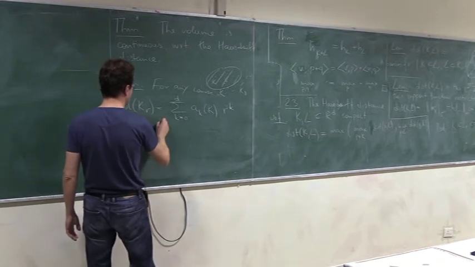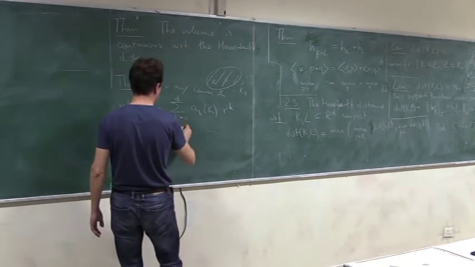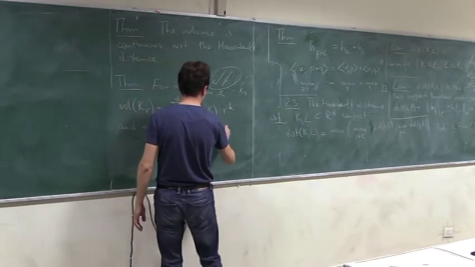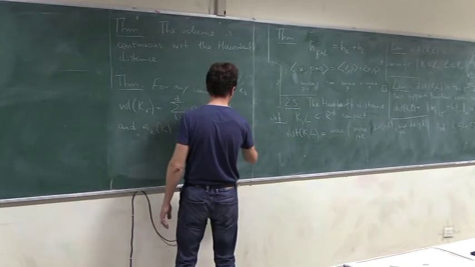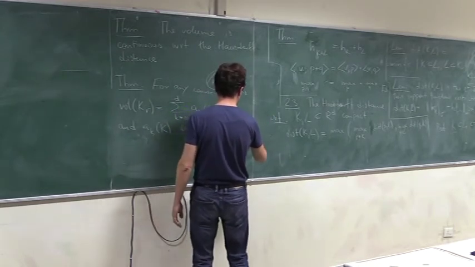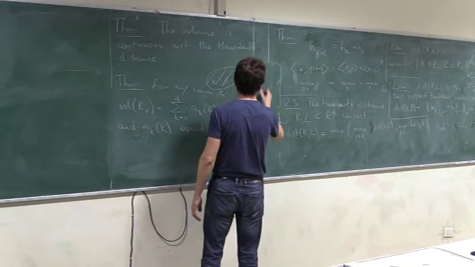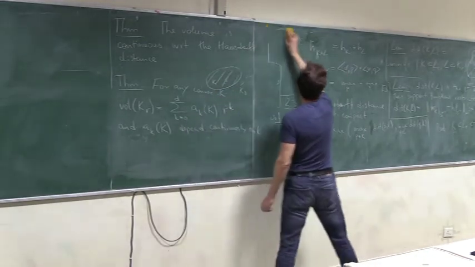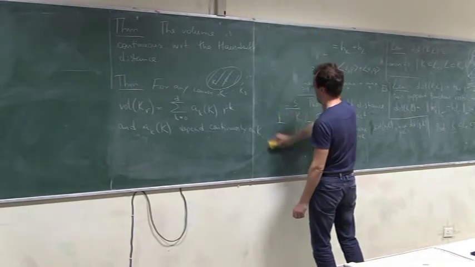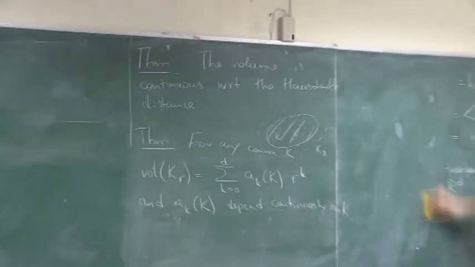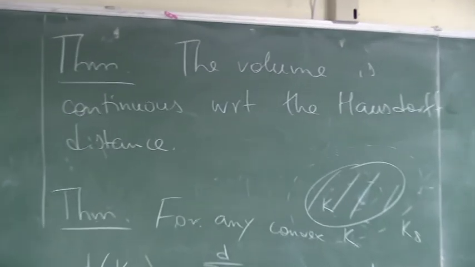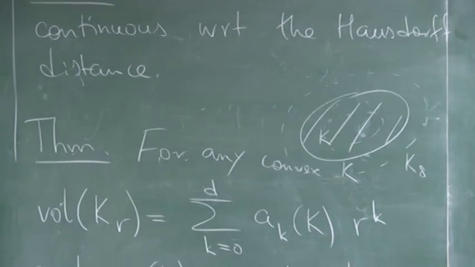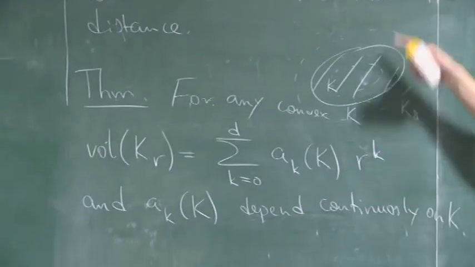So this a_k of K depends continuously, again with respect to the Hausdorff metric, on K. In fact, from this formula, the continuity follows easily.